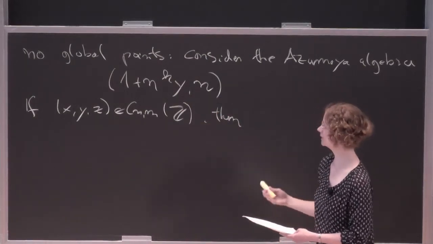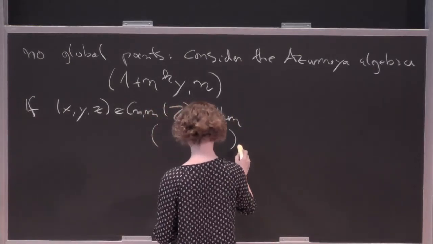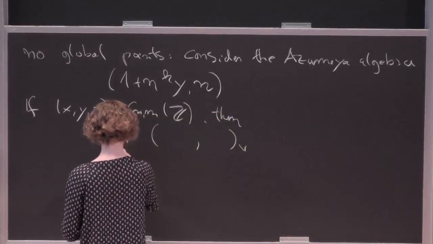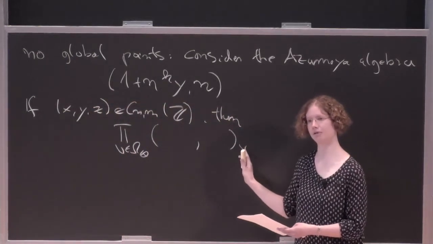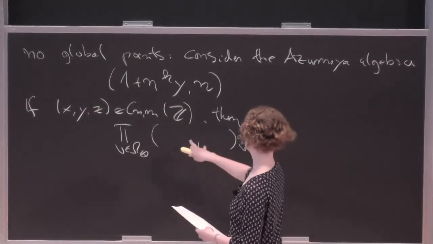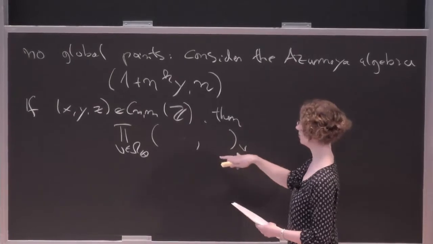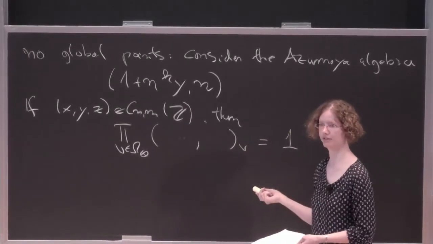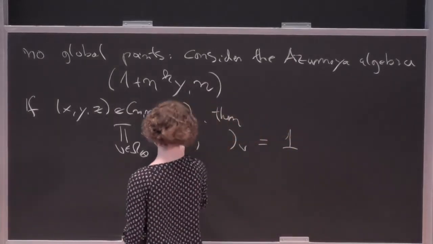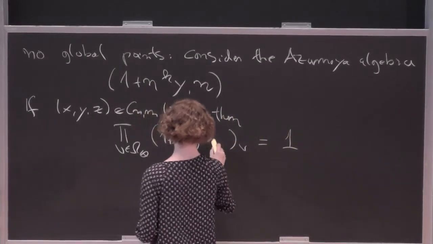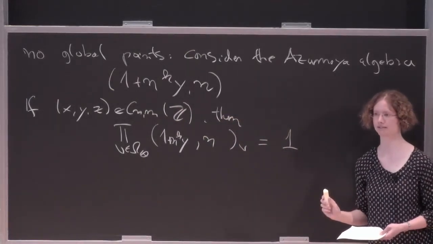And then we know by the Hasse reciprocity law that if you have a Hilbert symbol for place nu, where nu runs over all places of Q, so nu is either infinity or a prime p, and you stick in two rational numbers, then the product over all places has to be equal to 1. So in particular, in this example, if you had a point x, y, z, then the Hilbert symbol of 1 plus n to the k times y, comma n, has the property that you get 1 if you take the product over all places.